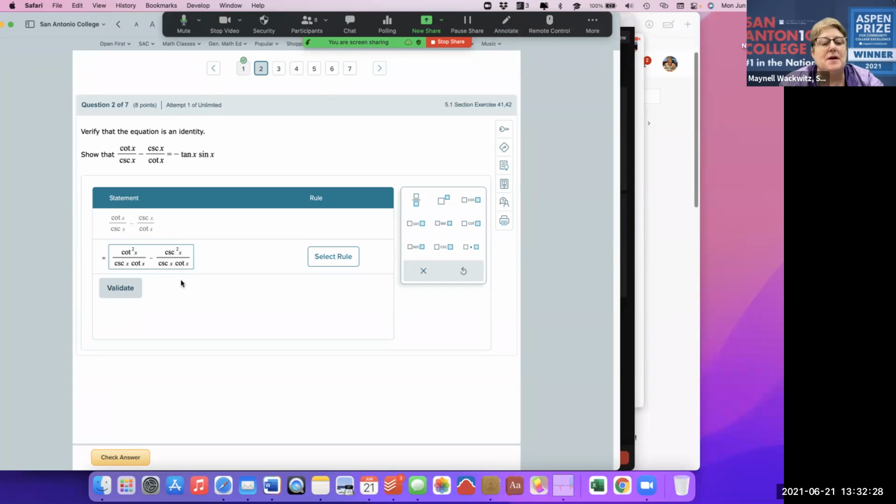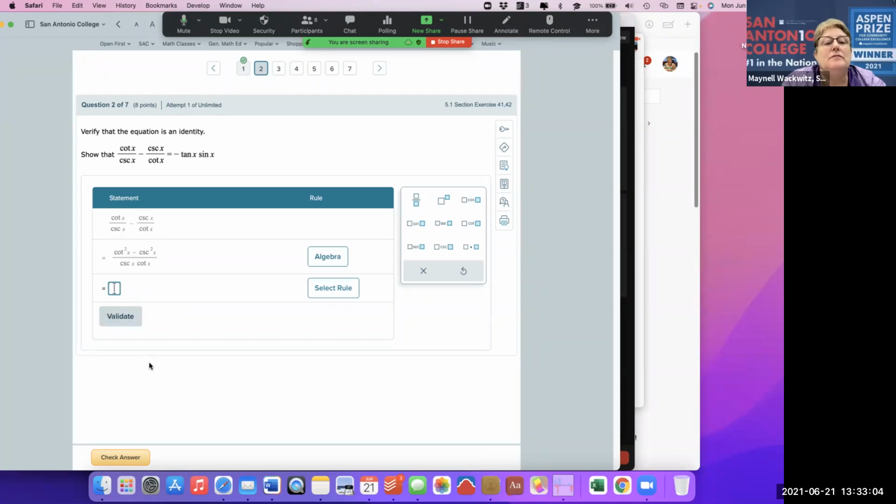Is there another algebra step I can do? I've got two fractions with the same denominator. Yeah, let's go ahead and write cotangent squared x minus cosecant squared x in the numerator. And that's all algebra. I can't go any farther with algebra. The next step is going to require a Pythagorean identity or changing things to sines and cosines.